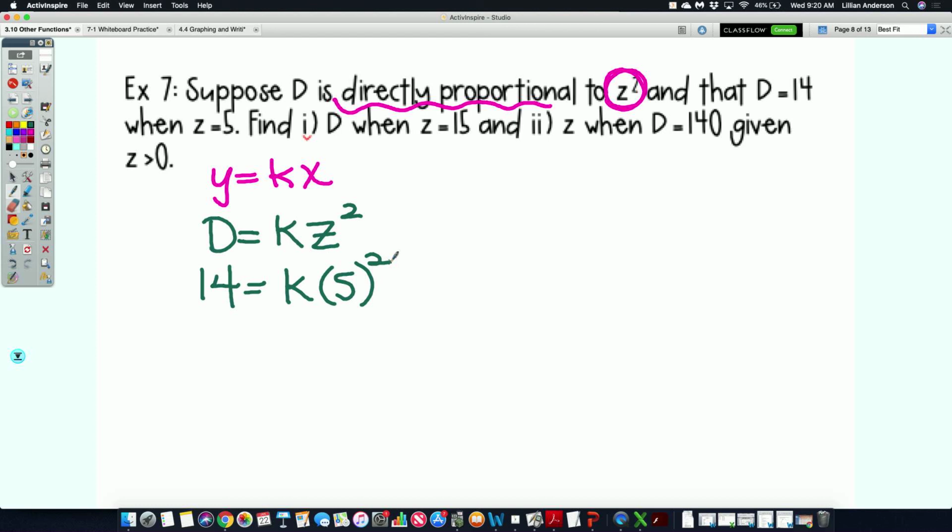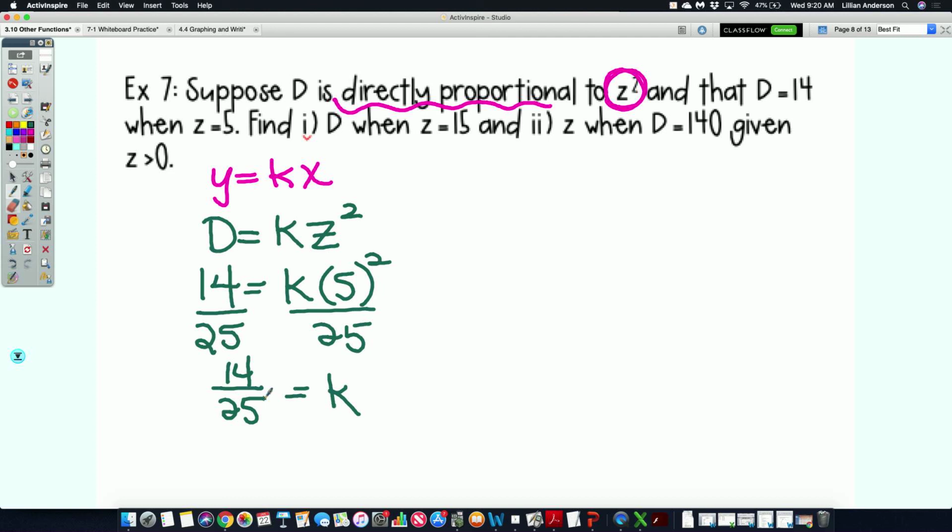And we're going to solve. 5 squared is? 25. So how do I solve for k? So k is equal to 14 over 25. Now I am leaving this as a fraction because if it's a decimal that doesn't end, I definitely don't want to keep rounding when I actually answer my questions, because then you're just going to be further off.